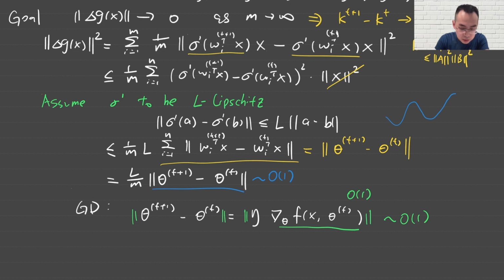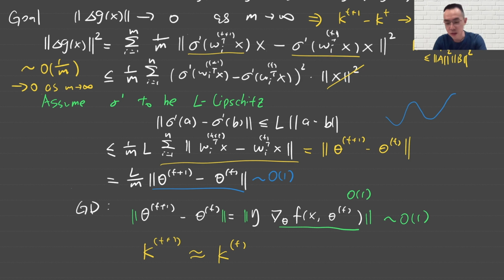So it also means that the square of the norm has the order of 1 over m, right? So that's going to converge to 0 as m goes to infinity. Okay, so the conclusion here is that once we know the difference between the gradient vectors is very small, that's when we know the difference between the kernel matrices is very small, right? They're approximately the same after each gradient update.